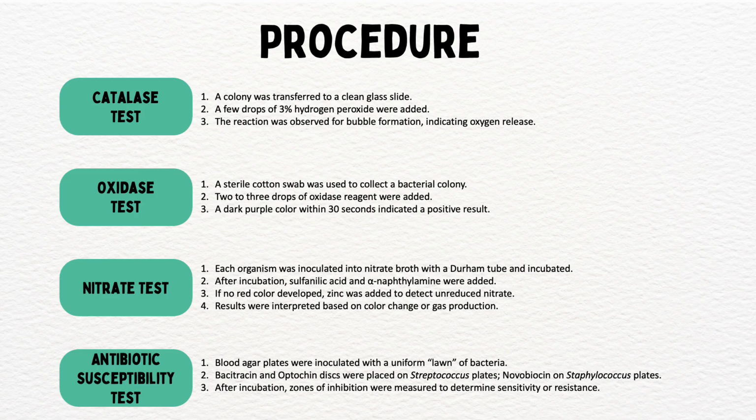Now for the antibiotic susceptibility test. For one, blood agar plates were inoculated with a uniform lawn of bacteria. For two, bacitracin and optochin discs were placed on Streptococcus plates, and novobiocin on Staphylococcus plates. And three, after incubation, zones of inhibition were measured to determine sensitivity or resistance.